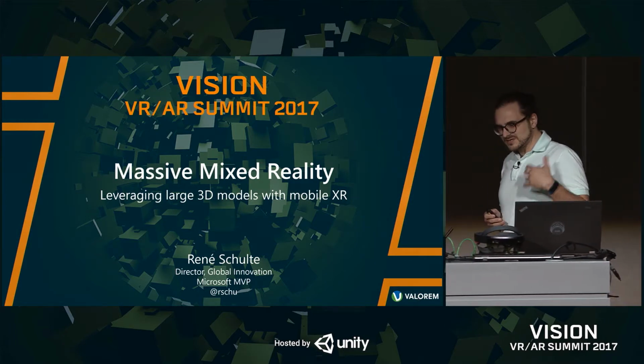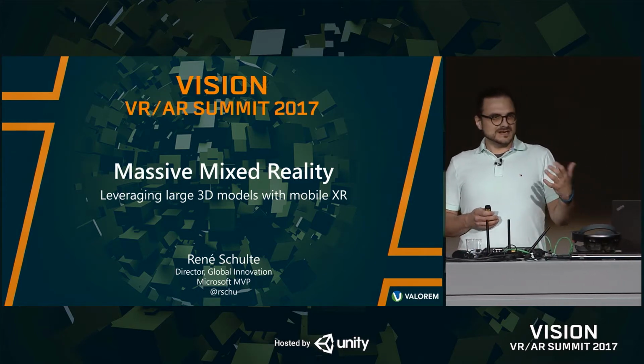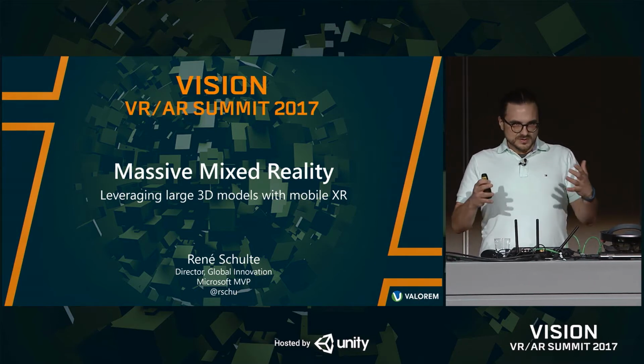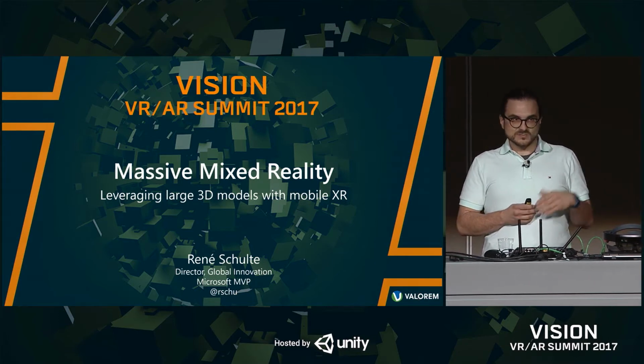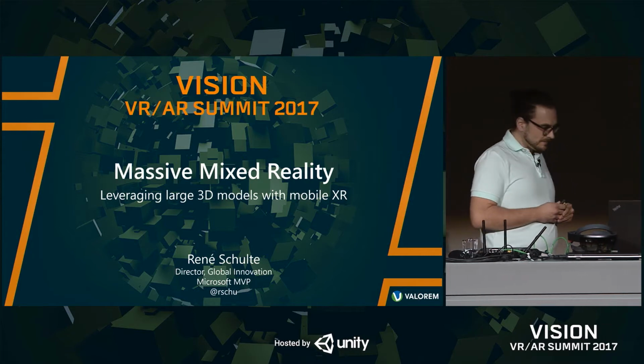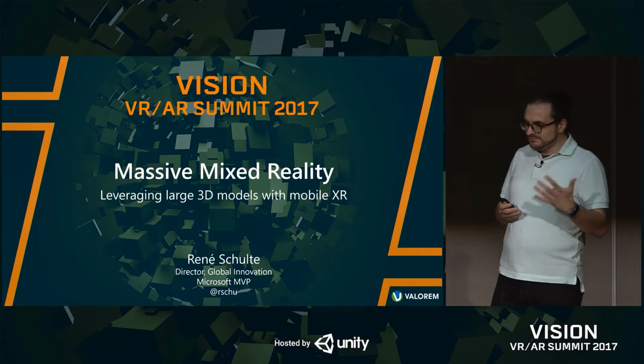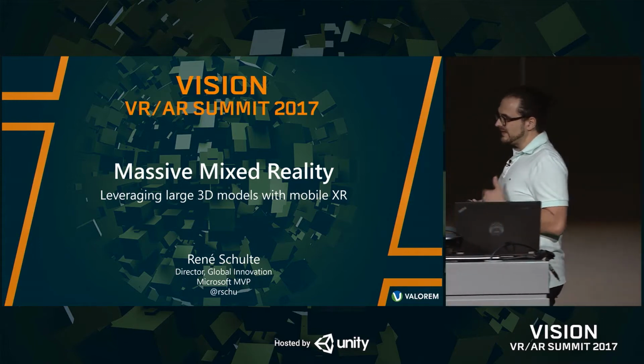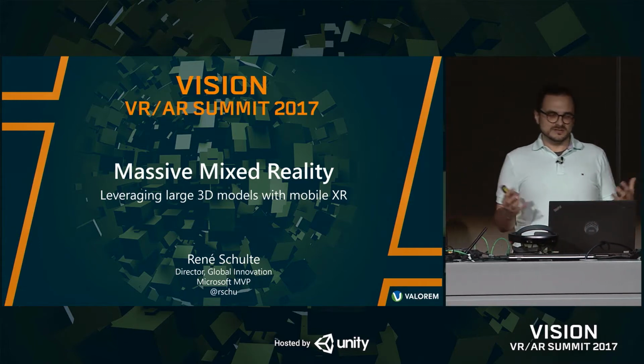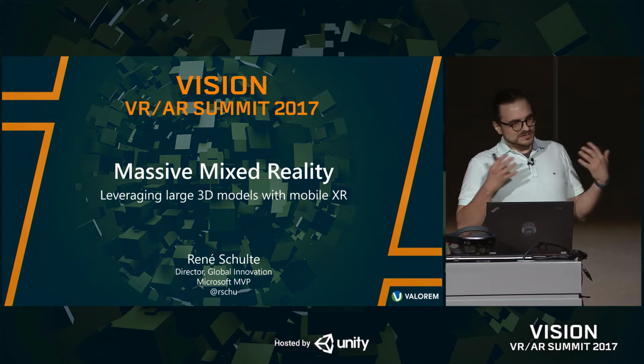So let's talk about some of the strategies. And in the next 40 minutes, I can really just give an overview, but I hope it will give you some pointers where to look for as a next step. And when I'm saying those models, CAD models, you cannot just render them on a mobile platform, it's mainly because they're just too big. They have too many polygons. They have too many materials, textures.